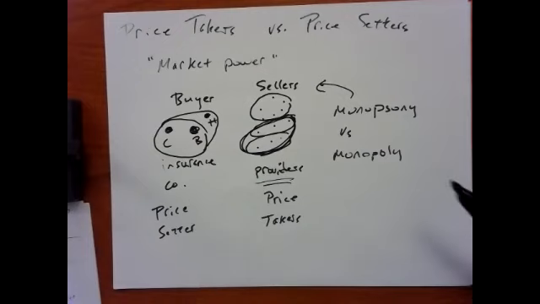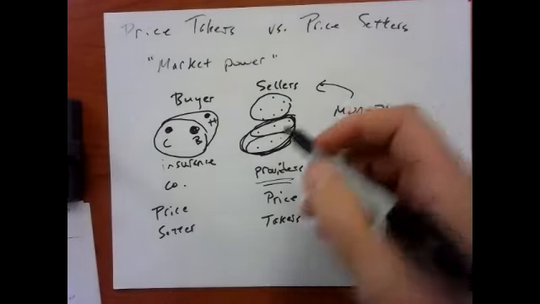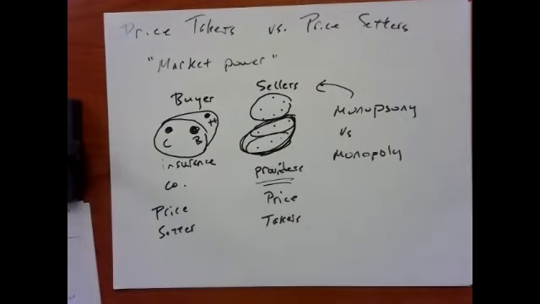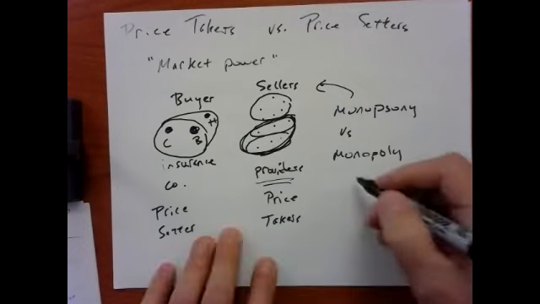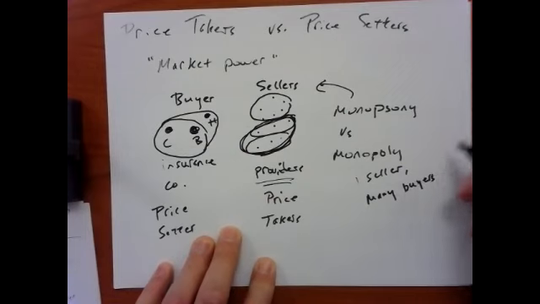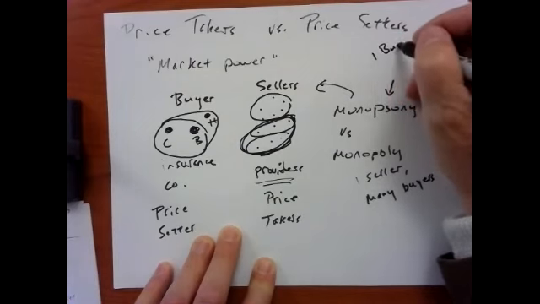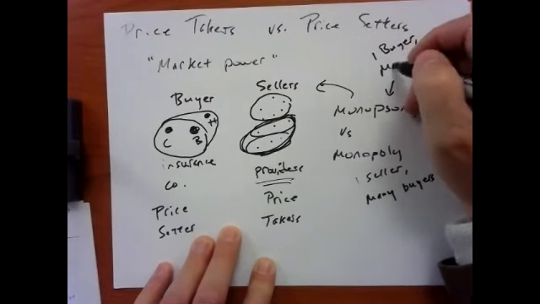The thing that you hear more often about is monopoly power, which is where we have one seller and multiple buyers, right? That's monopoly power. One seller, many buyers. Monopsony: one buyer, many sellers.